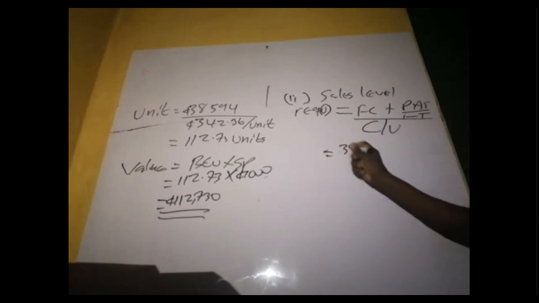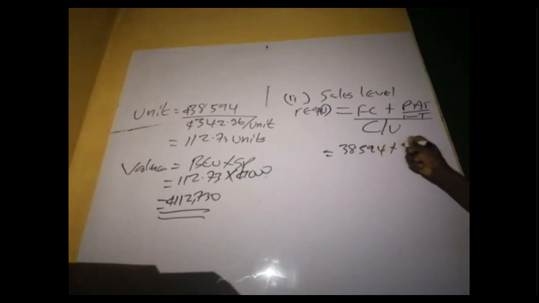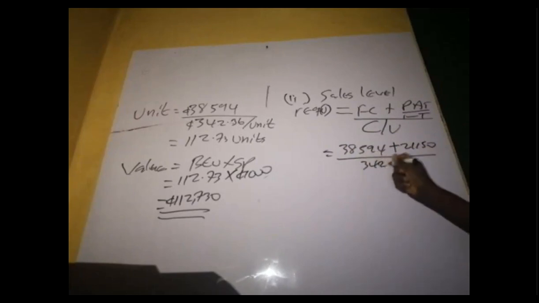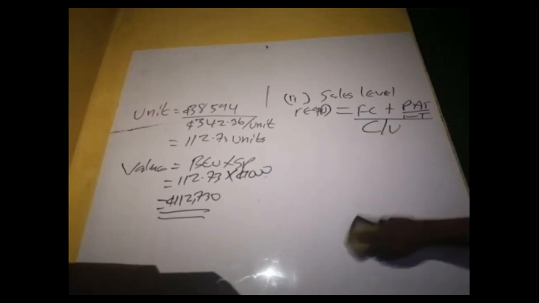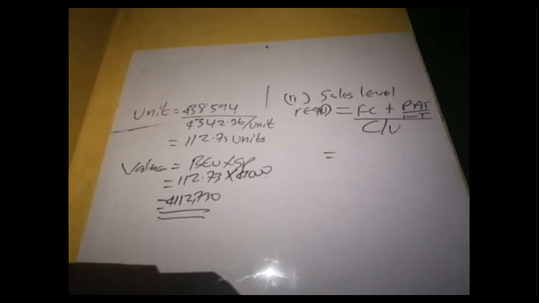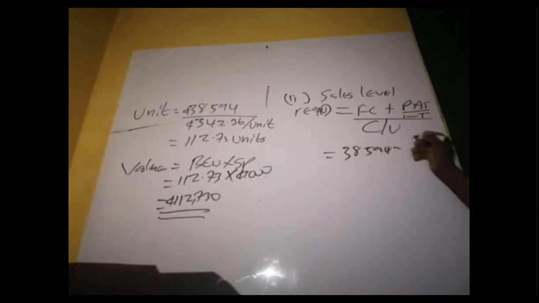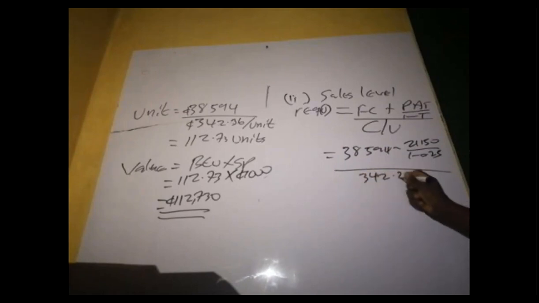So fixed cost is 38,594 plus 21,150 divided by 1 minus 0.25, all divided by 342.36. Okay. Let me key this in: 38,594 plus 21,150, divided by 1 minus 0.25, all divided by 342.36.